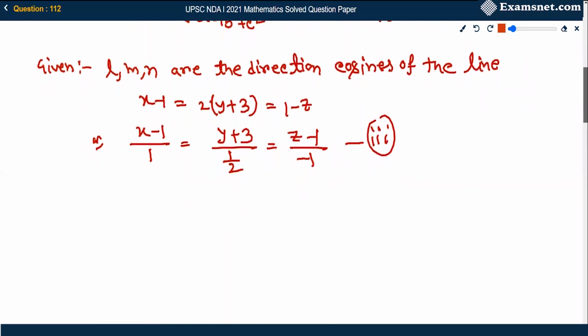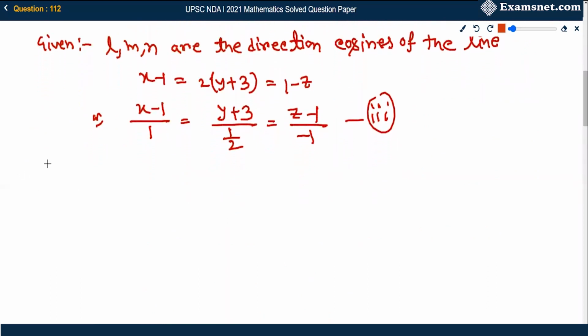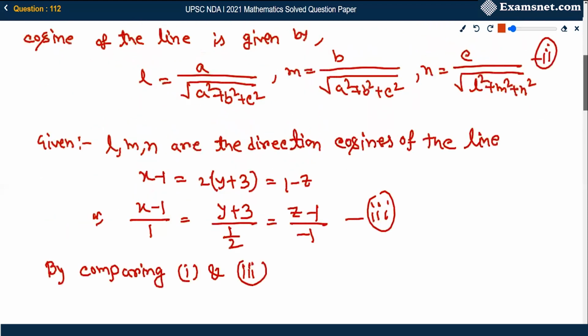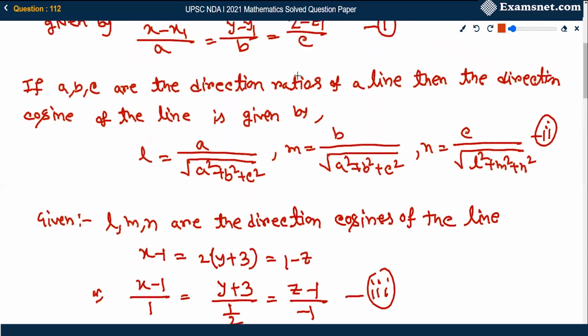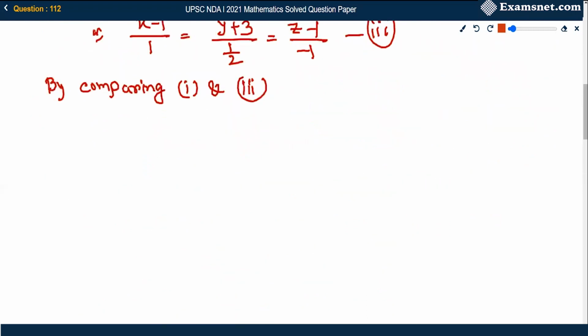By comparing 1 and 3, we can write that A equals 1, B equals half, and C equals minus 1, correct?